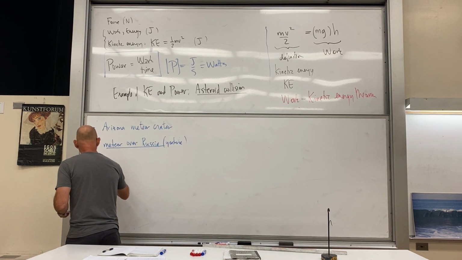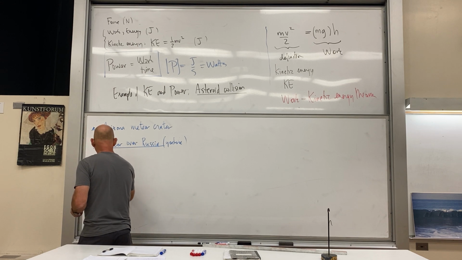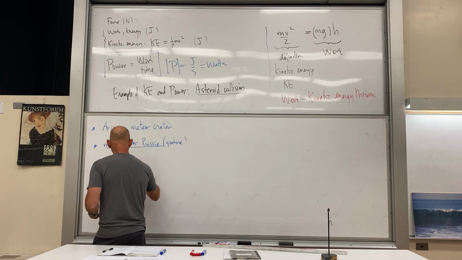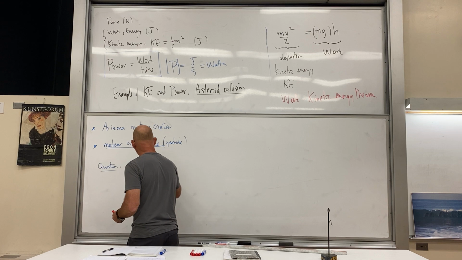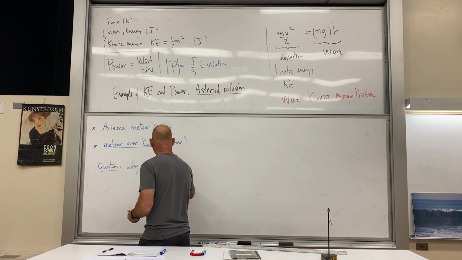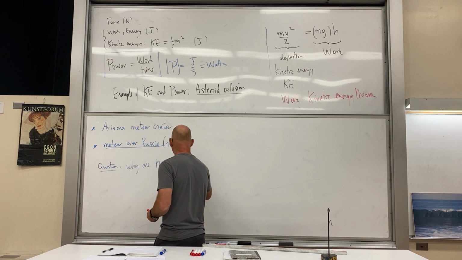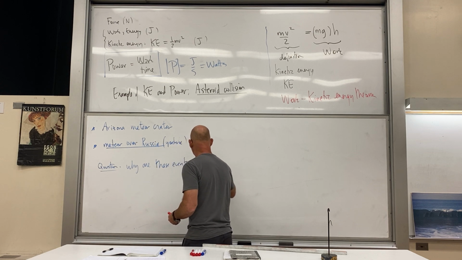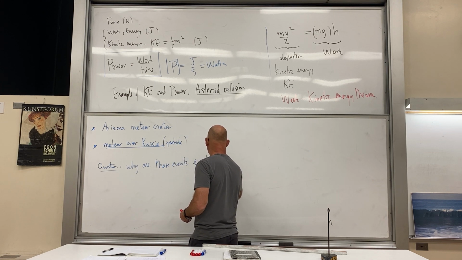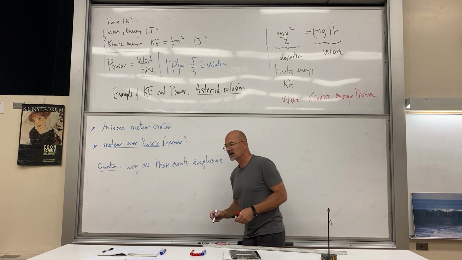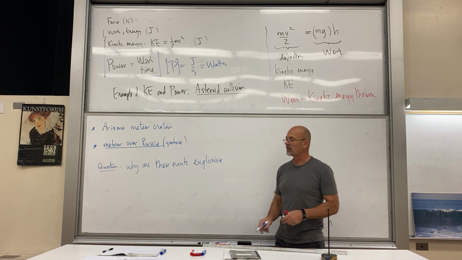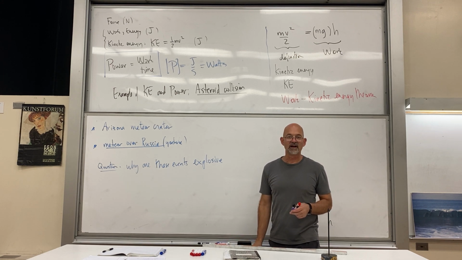Question: why are these events explosive? You can drop a rock from the top of a building, a bowling ball, what have you. You're not going to get a giant explosion.